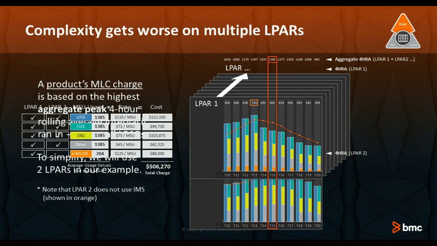So it will be charged at the 704 peak. So that determines how my MLC bill gets generated based on what is running on what particular LPAR, at either the aggregated peak for all the LPARs or the peak for the LPAR it is running on.